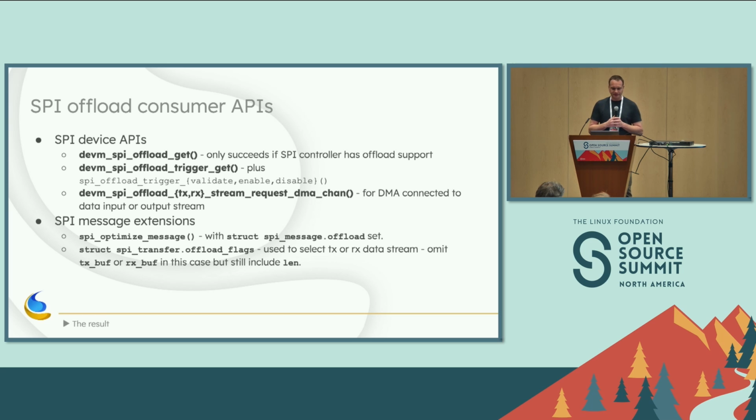And then the struct SPI transfer has a new offload flags field that is going to let us do extra things that only an offload could do. For example, it's going to tell it to stream the data where it needs to go instead of using the usual transmit or receive buffer that goes with a SPI message.